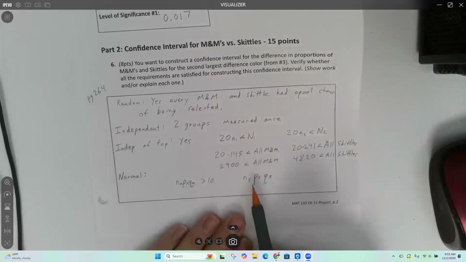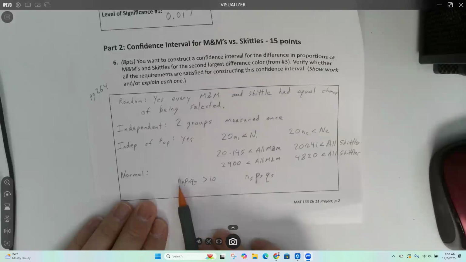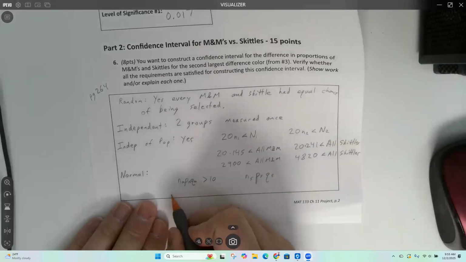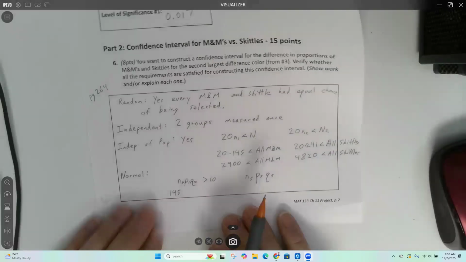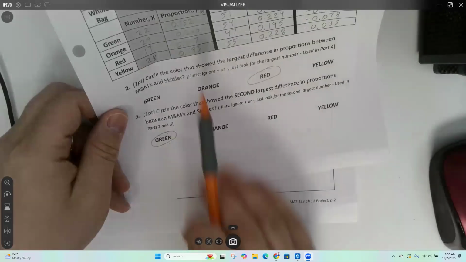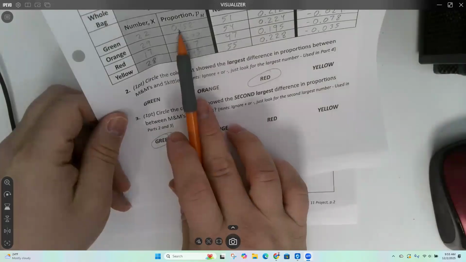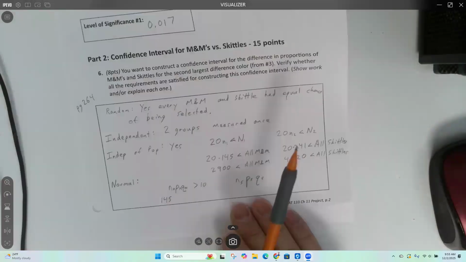It's just that you need to keep track of, okay, I did this for M&Ms and I got to do it for Skittles. So for M&Ms, I had 145 M&Ms. I am looking at the green M&Ms because I circled that for number 3. So my P is 0.152 for green.